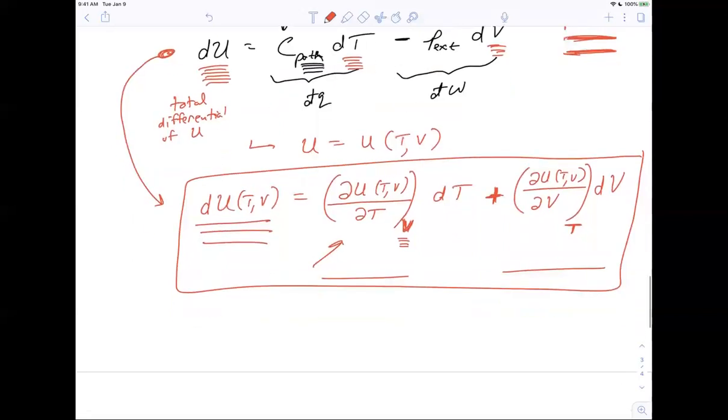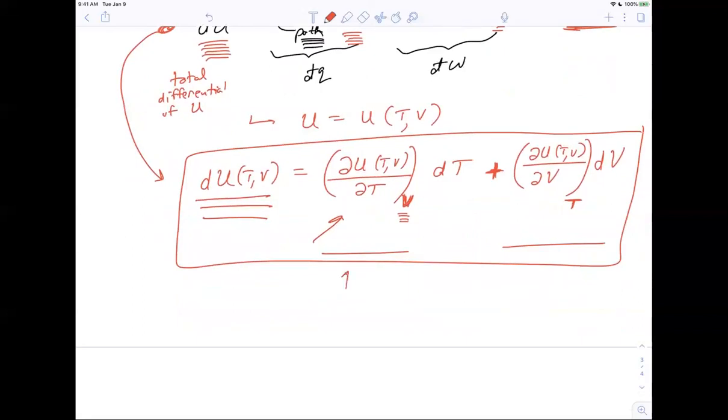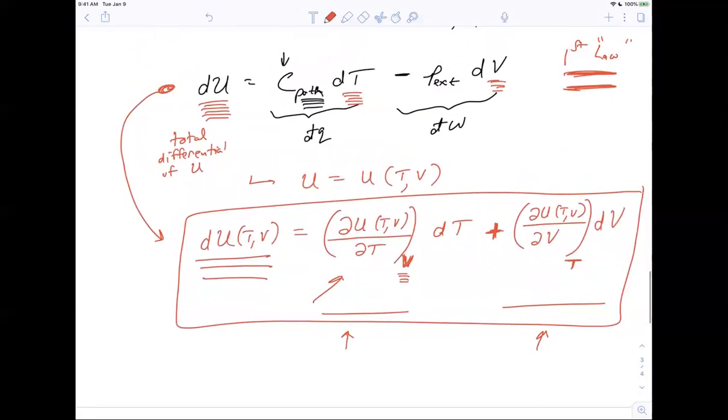Now, these partial derivatives have special meaning, other than what we've seen here in terms of the first law. And so we're going to address that soon using the Joule experiment, the Joule free expansion. That's why I want everyone to understand this guy. Okay, so if there's any questions at the moment, please let me know, and we can stop here and discuss this. And if not, then I'll just go on.